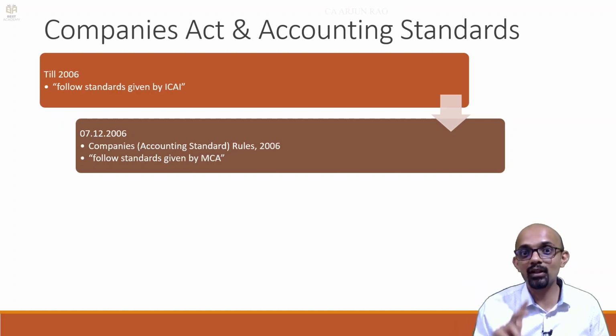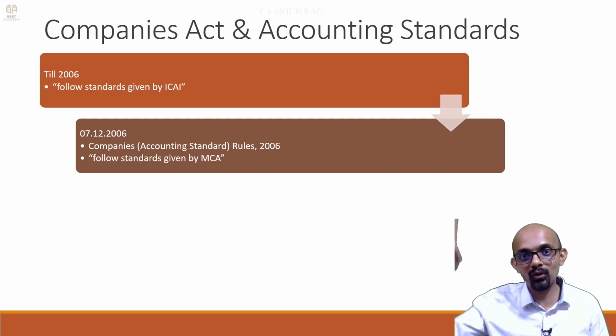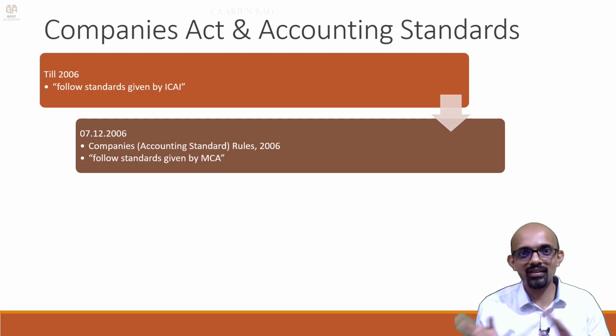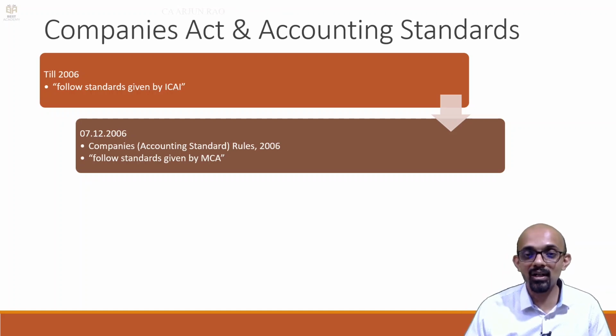The full text of the standards was notified in the rules. So essentially the position changed from follow what ICAI has issued to follow what we are issuing. Essentially it was the same: whatever was issued by ICAI, slightly modified and issued as Companies Accounting Standard Rules 2006.